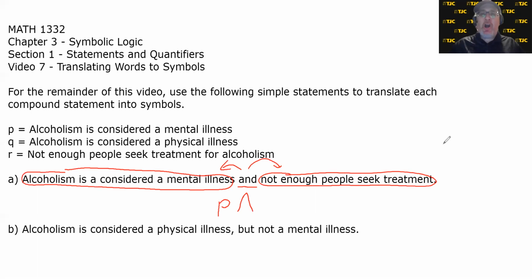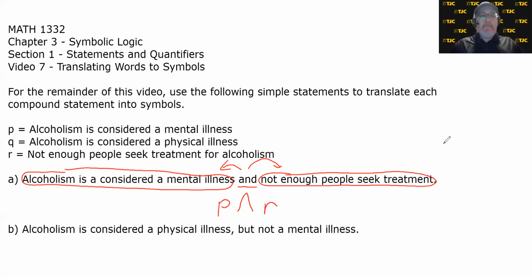It is statement R, even though statement R has the prepositional phrase for alcoholism at the end of it, because contextually in this compound statement, it's clear that it's talking about alcoholism. The symbolic translation for A is P conjunction R, or equivalently P and R.